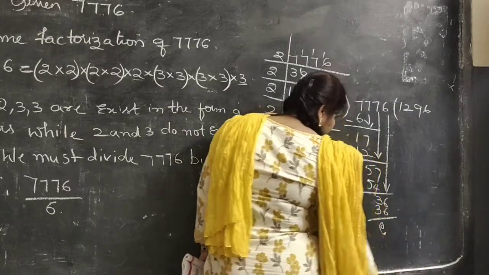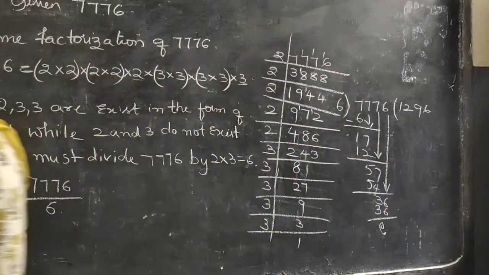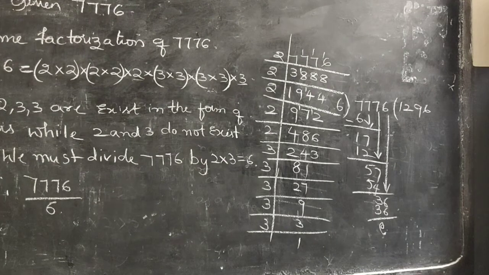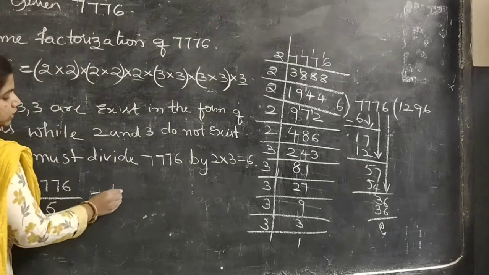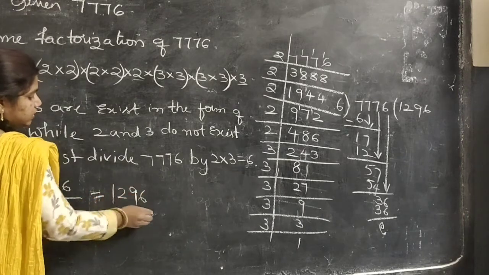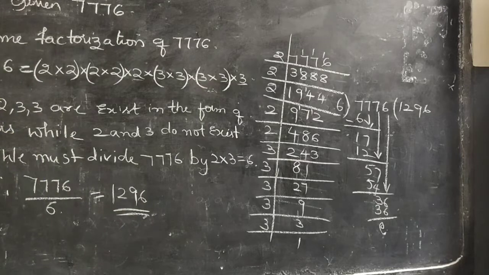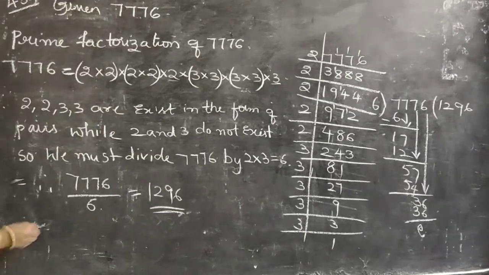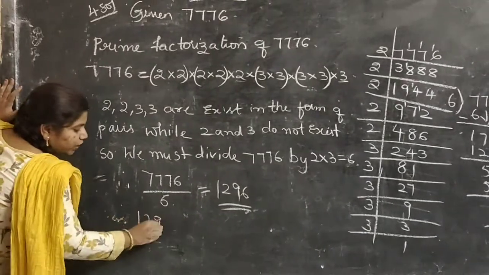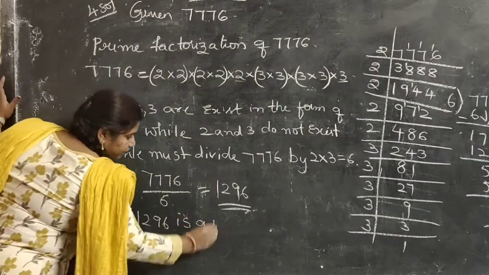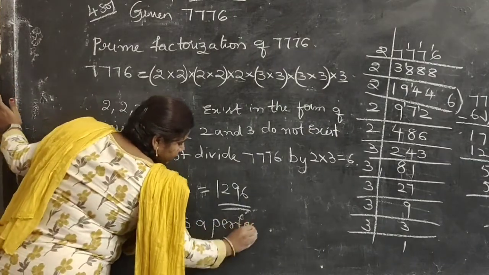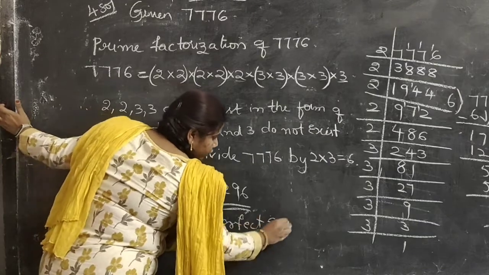So the remainder is 0. So what result did we get here? Therefore 7776 divided by 6 is, what is the result? 1296. So this 1296 is a perfect square value. Therefore 1296 is a perfect square number.